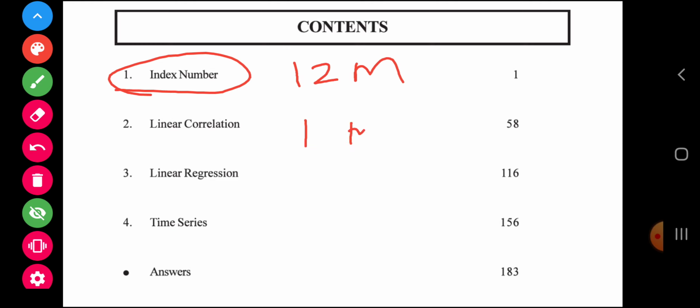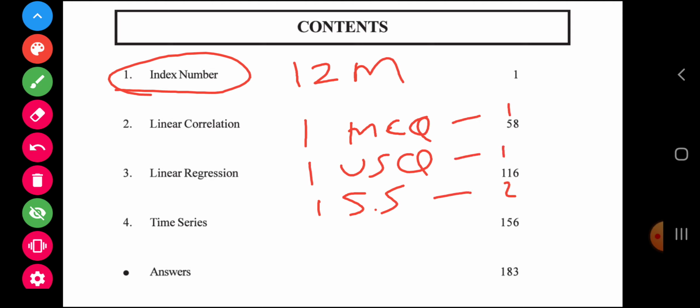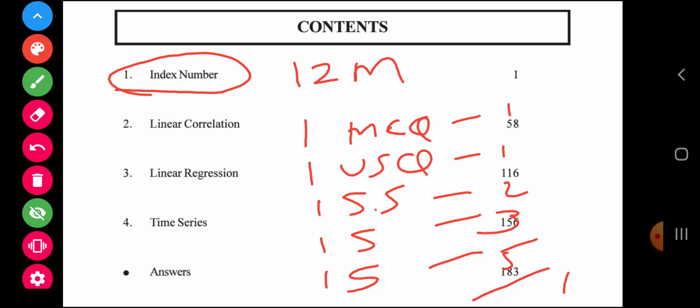You will have one MCQ of 1 mark, one VSQ of 1 mark, one short sum of 2 marks, one sum of 3 marks and one main sum of 5 marks. So the total weightage is 12 marks. So note down this weightage in your book before we begin the lesson.